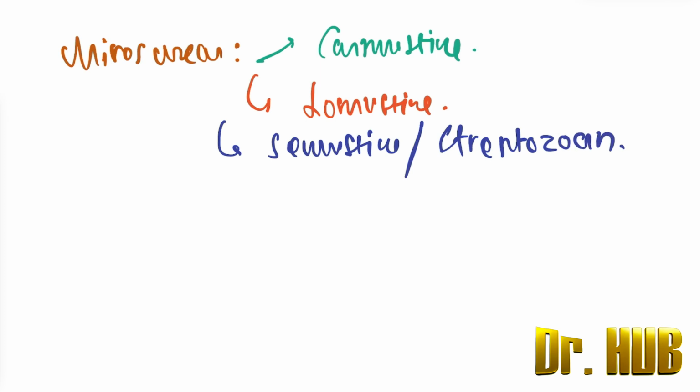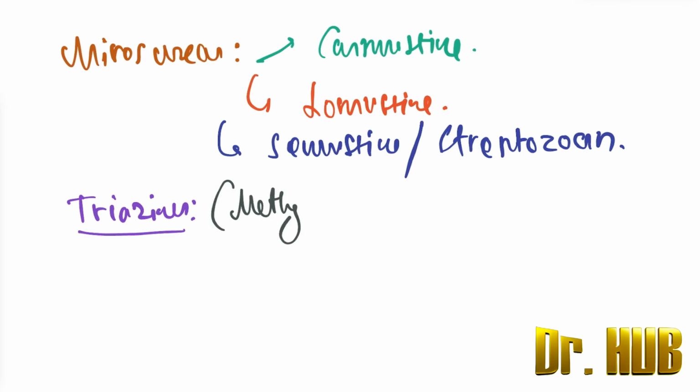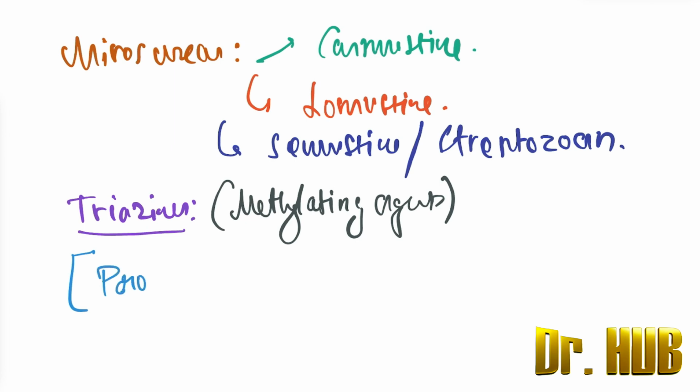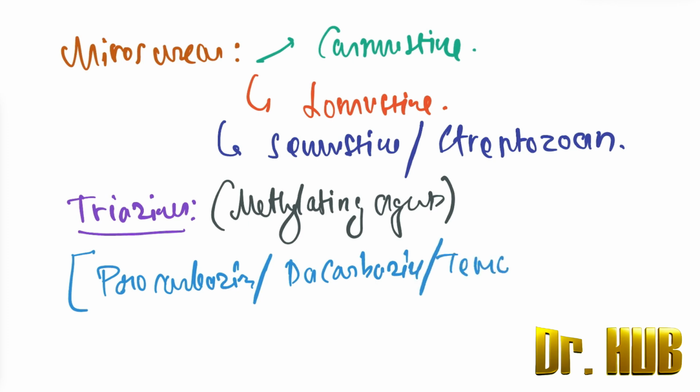Next, we look at the triazines. Under triazines, there are the methylating agents. What do the methylating agents include? They include procarbazine, dacarbazine, and temozolomide.